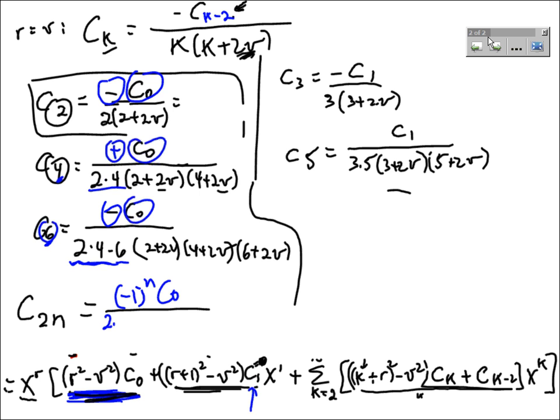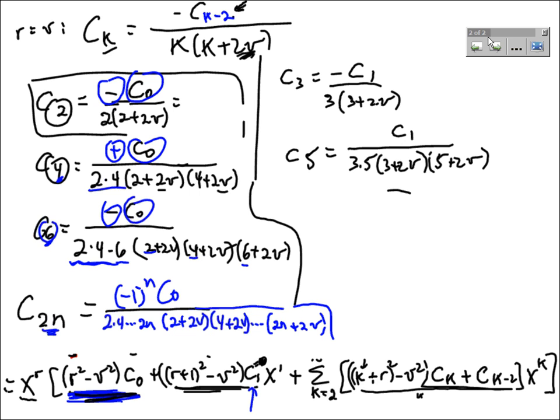So we're going to have 2 times 4, dot, dot, dot, up to 2n. And we're going to have those same numbers again: 2 plus 2v, 4 plus 2v, 6 plus 2v, and we stop at 2n. So (2 plus 2v), (4 plus 2v), dot, dot, dot, up to (2n plus 2v).